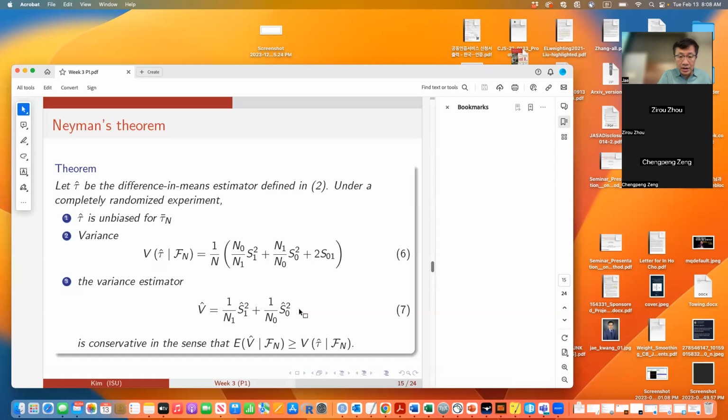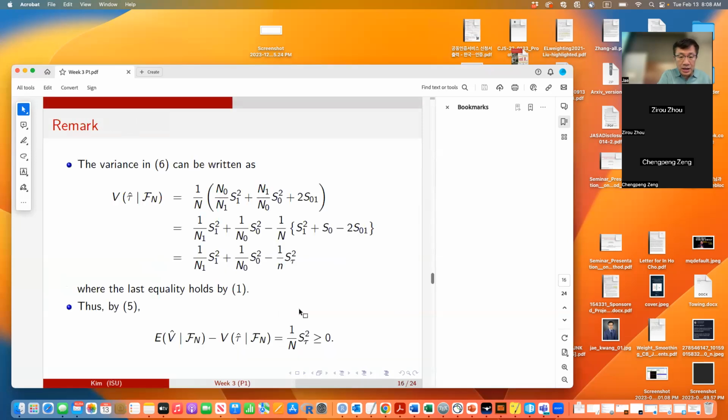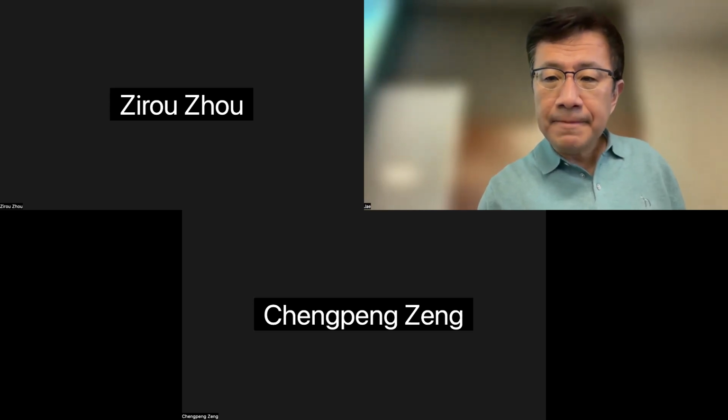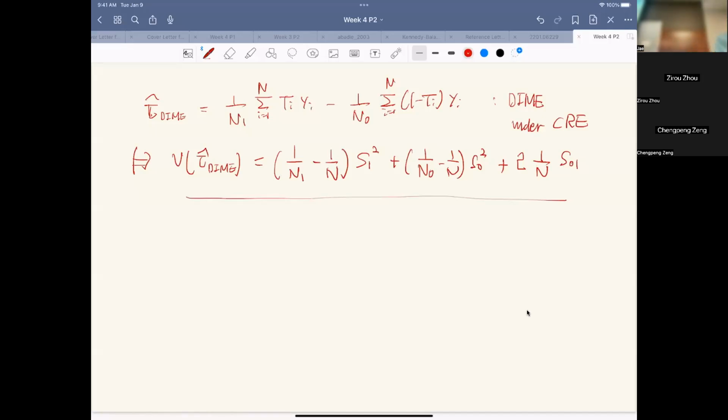So we basically have this one. Right, the covariance between the two is minus S01.